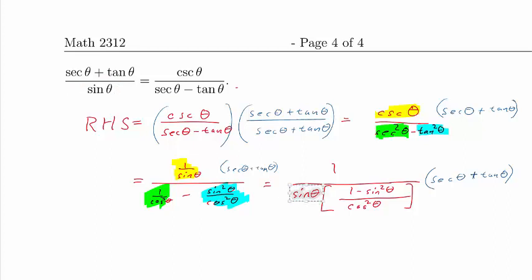So let's go ahead and start writing this in blue now as we work through everything. So here we've got 1 divided by 1 minus sine squared. But note that 1 minus sine squared is the same thing as cosine squared, via the Pythagorean identity.